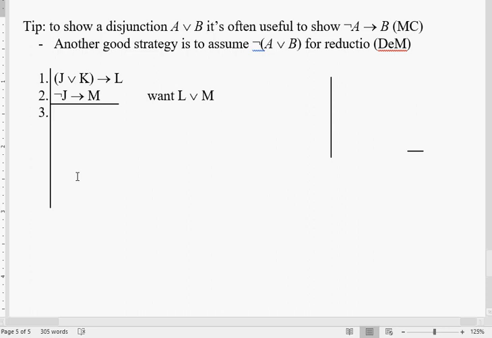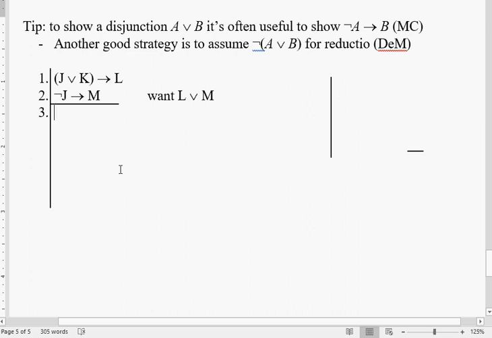Again, we can't do anything like modus ponens or modus tollens or disjunction elimination. There's no conjunctions to eliminate. So let's assume not L and try to show M. Okay? We'll try to show that if L is false, then M is true, to prove that either L or M is true. Okay?